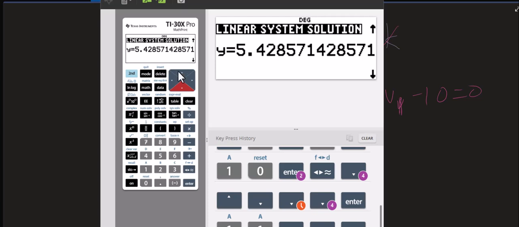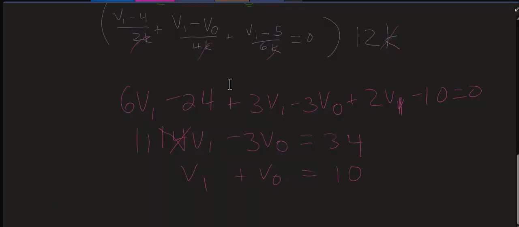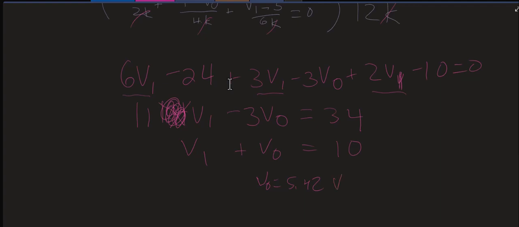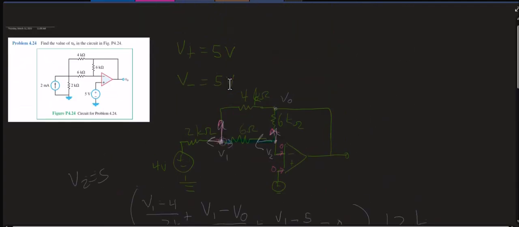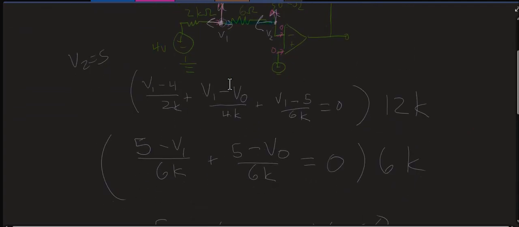So V1, which we didn't need, is 4.57, and V out is 5.42. My mistake was right here: 6V1 plus 3V1 plus 2V1 is 11V1. So V out is 5.42 V. I believe that's what it asked for.